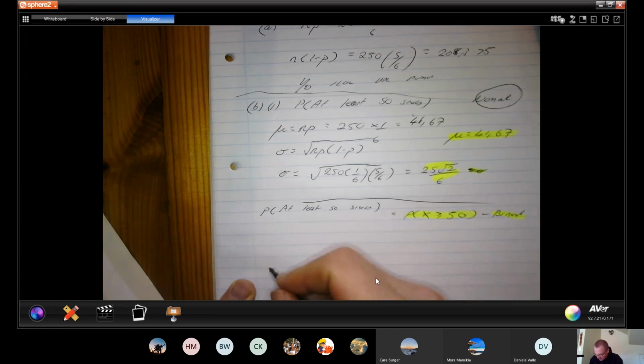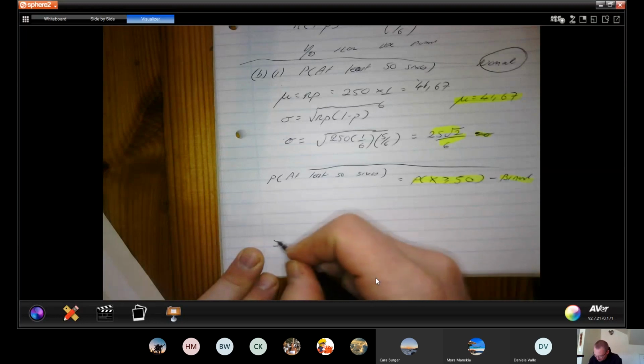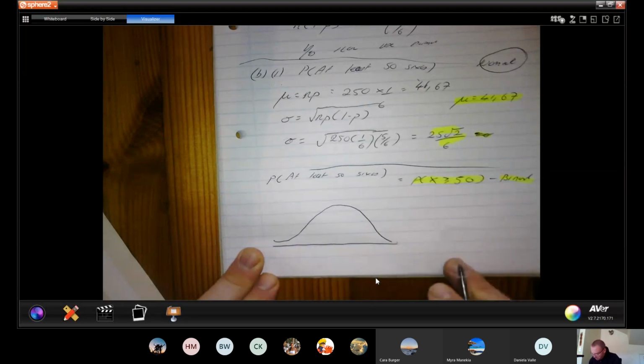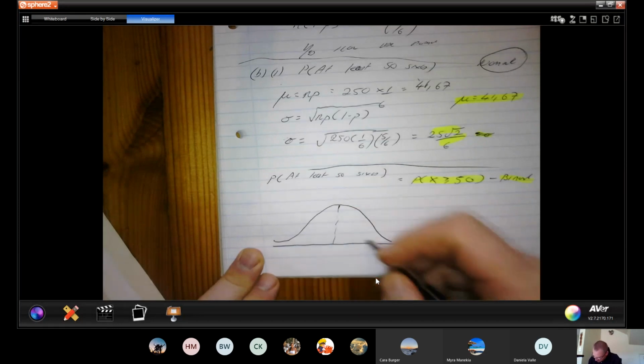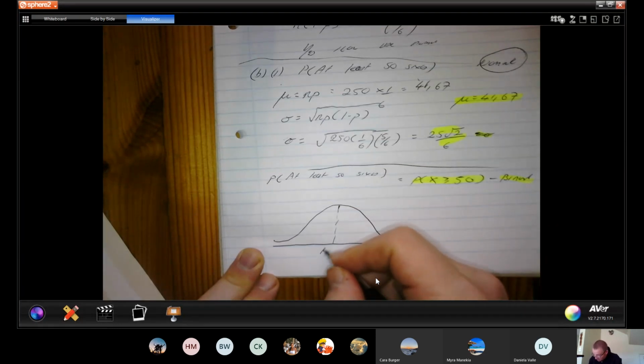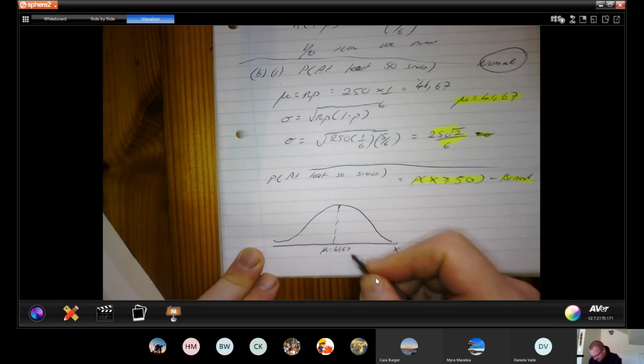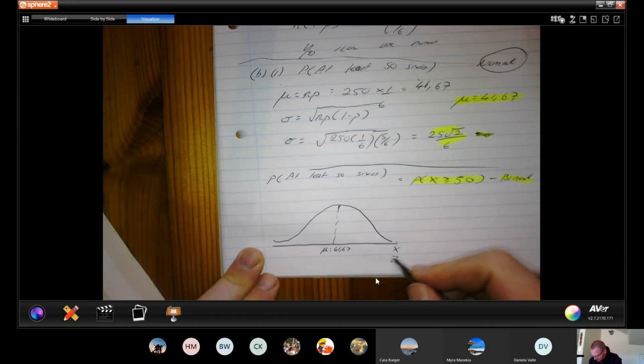Now if we draw a diagram of the normal curve, we've got mu sitting at 41,67, which is z score 0. So 50 is going to be to the right of that.